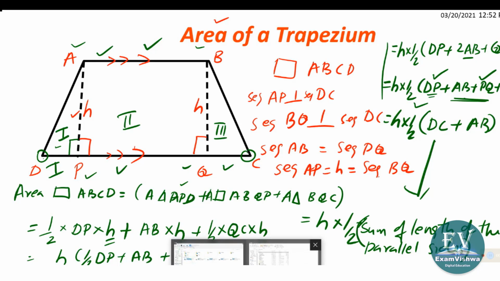So this way we derive a formula to calculate the area of a trapezium. Nothing but half into sum of length of parallel sides into height.